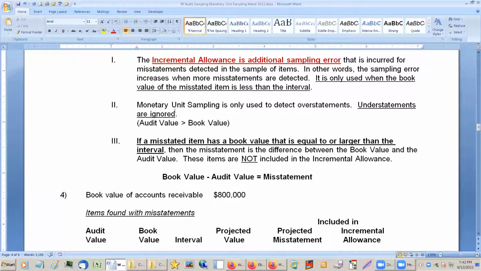Okay. Monetary unit sampling is used to detect overstatements. So this is only for overstatements. And here's where it gets kind of funny. Understatements are ignored. As an auditor, you find something that's wrong, you say, okay, this is wrong.